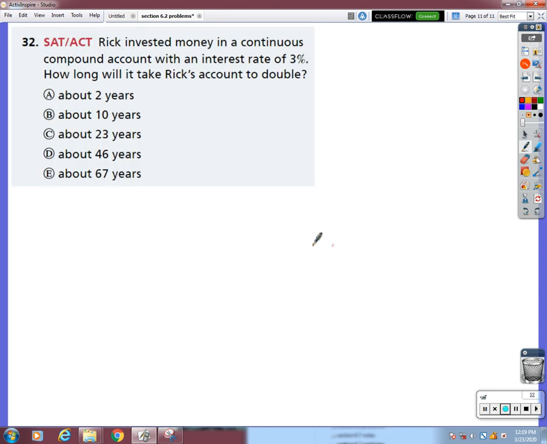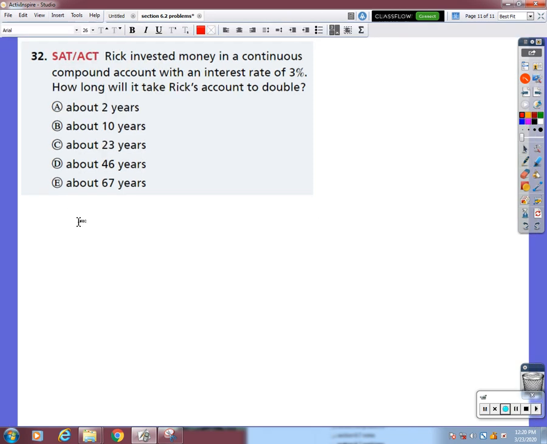All right, last one. Rick invested money in a continuous compound account with an interest rate of 3%. How long will it take Rick's account to double? So it doesn't say how much money, so let's just give him some money.